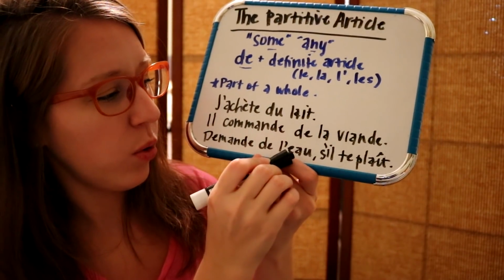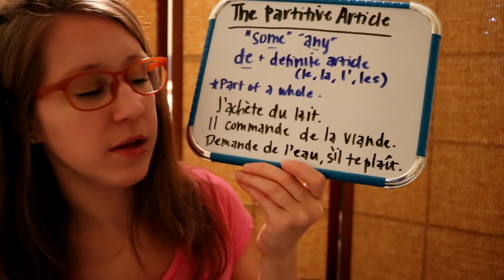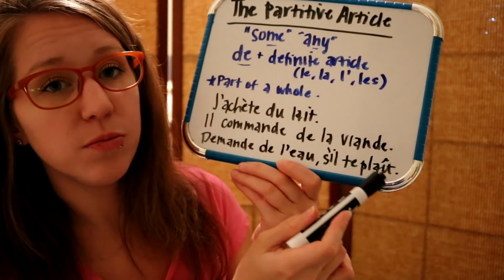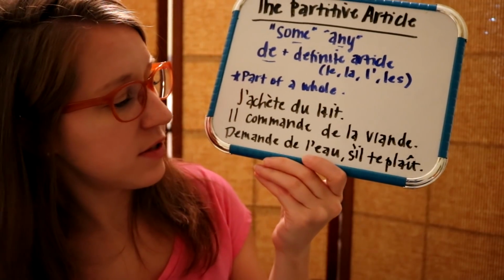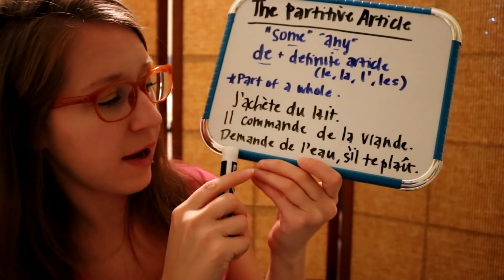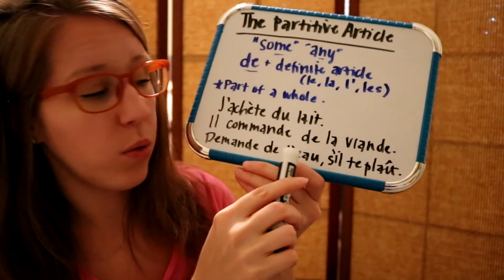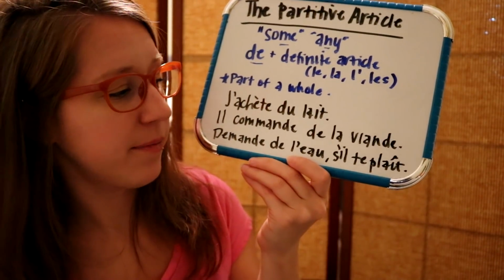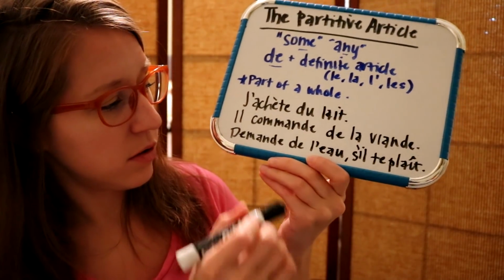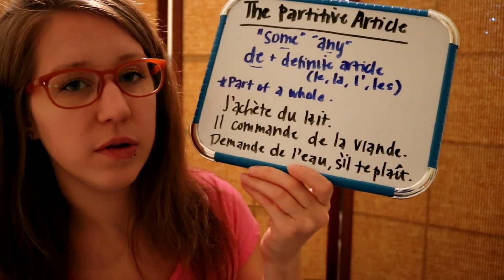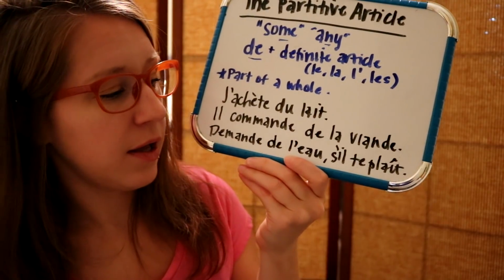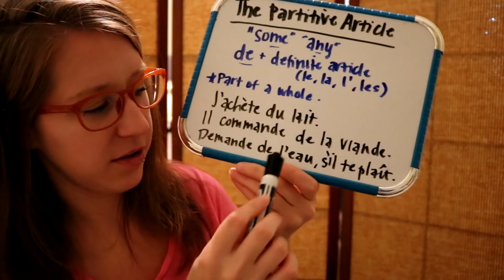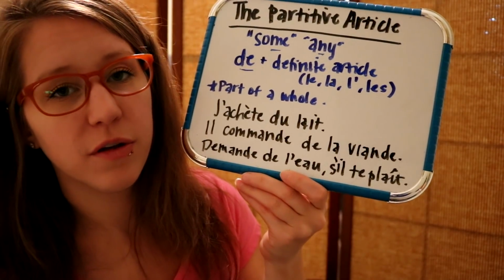Demande de l'eau, s'il te plaît. So this is, ask for some water, if you please. So l'eau, that's our water. And this is an l'apostrophe because of the word beginning with a vowel.